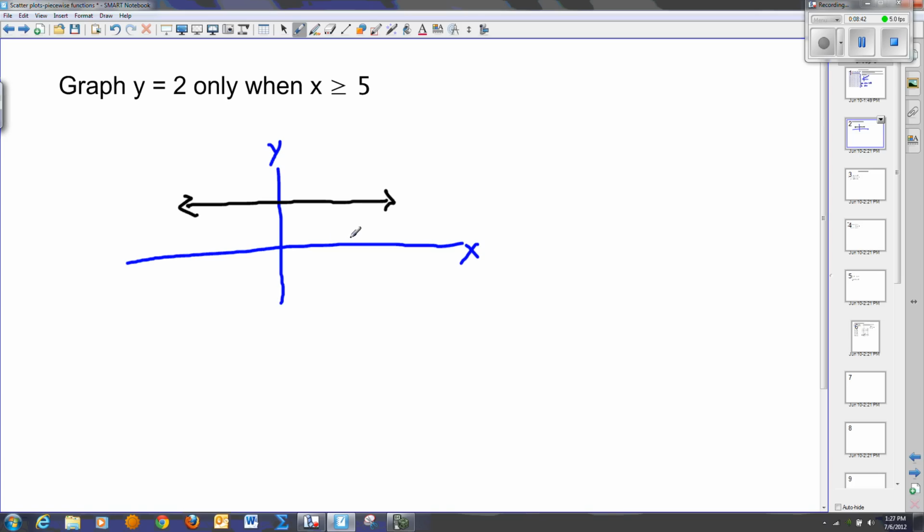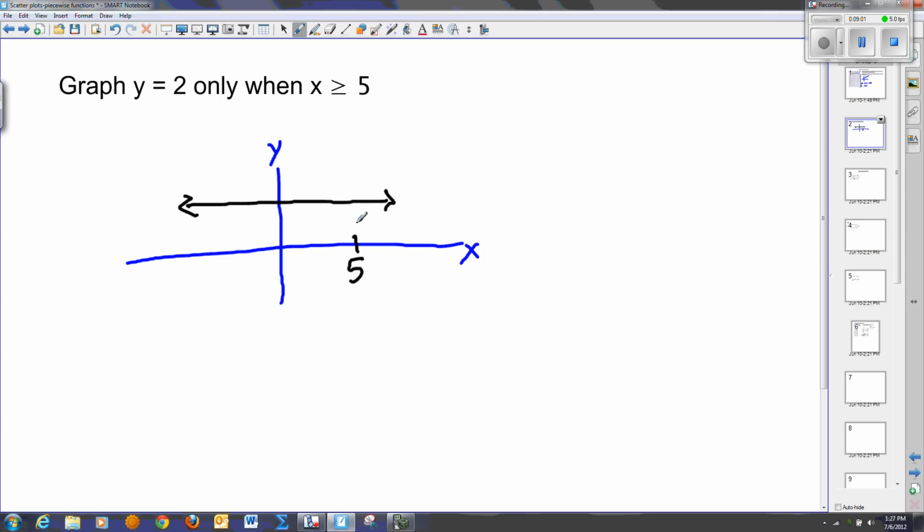All right, and we're going to add a little piece to what's going on. I want to only graph y equals 2 when x is greater than 5.